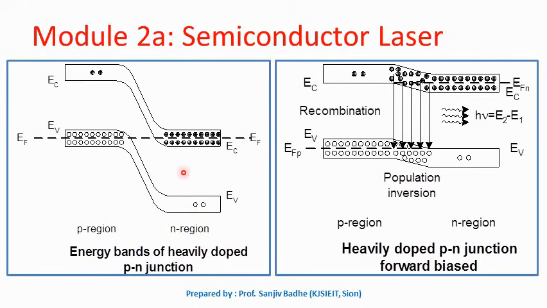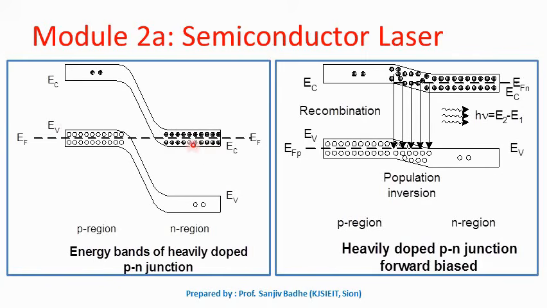Now what is the reason behind the radiation given out from this PN junction? The radiation is obtained when the electron in conduction band recombines with hole in the valence band. So when this electron makes a transition from conduction band to valence band, it will emit extra energy in the form of a radiation, and that energy of that radiation will be EC minus EV.